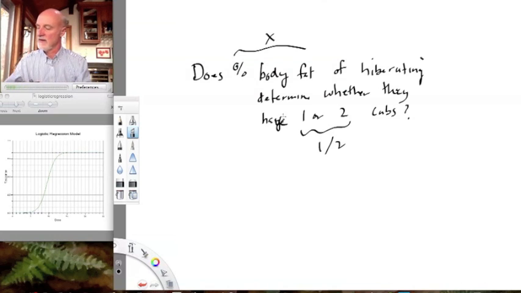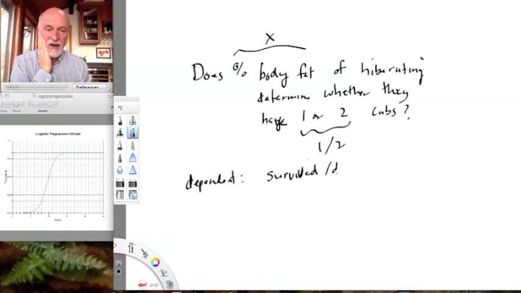Boy, we could come up with lots of these, right? And the interesting thing when you think about the biological problems is that dependent variables that are nominal like this are quite common and very interesting to look at. So, I mean, what's more fundamental than survived and died, right, during your experiment, or naturally?